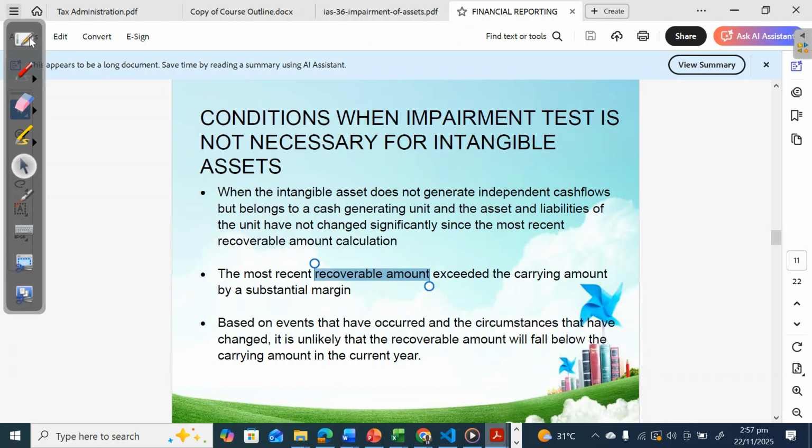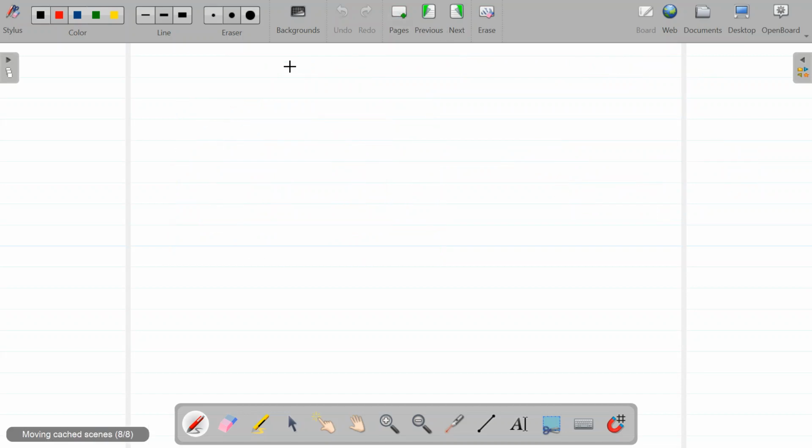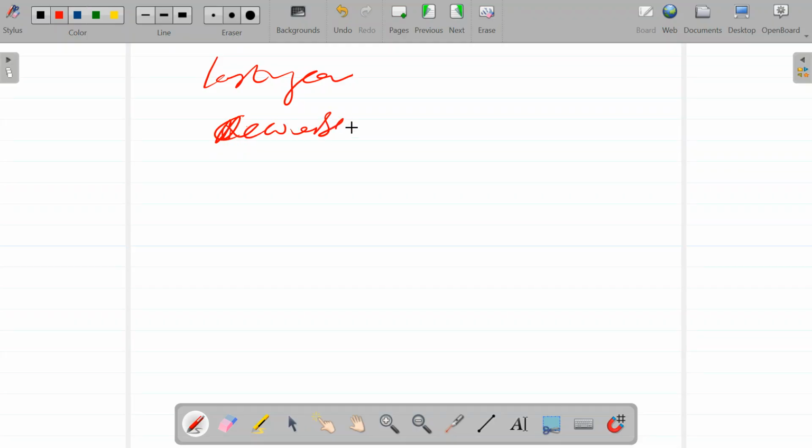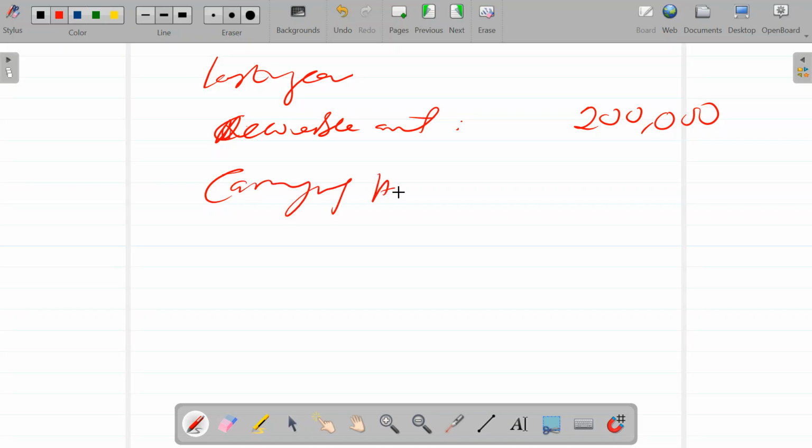Say you did that test last year. The recoverable amount maybe was 200,000, but the current amount was maybe 70,000.